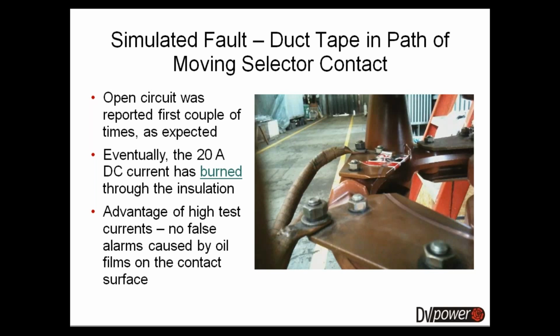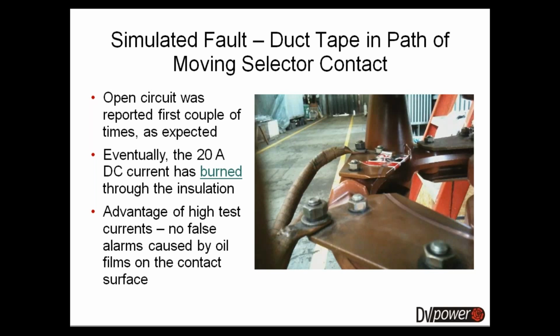And as expected, the first couple of times an open circuit was detected and an error was diagnosed by the instruments. However, since we used 20 amps for this test, eventually the currents managed to burn through the insulation and to establish a path for the currents. So this is a major advantage of high test currents used in this type of test.